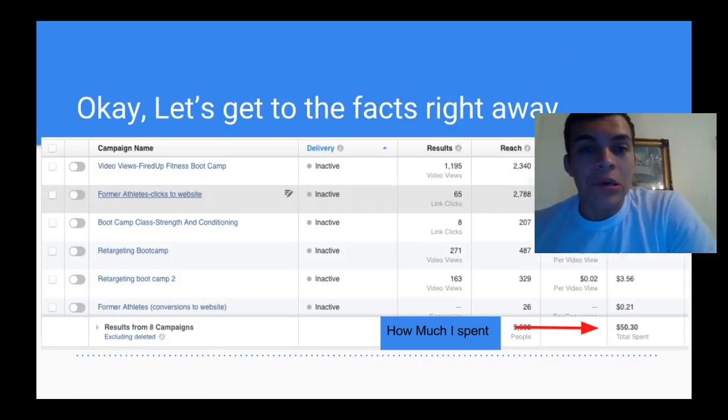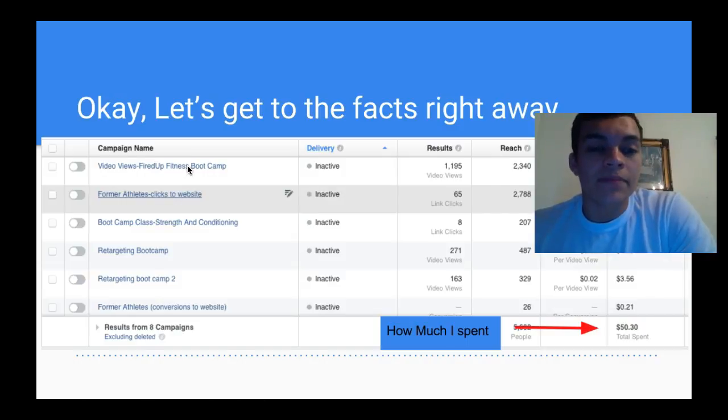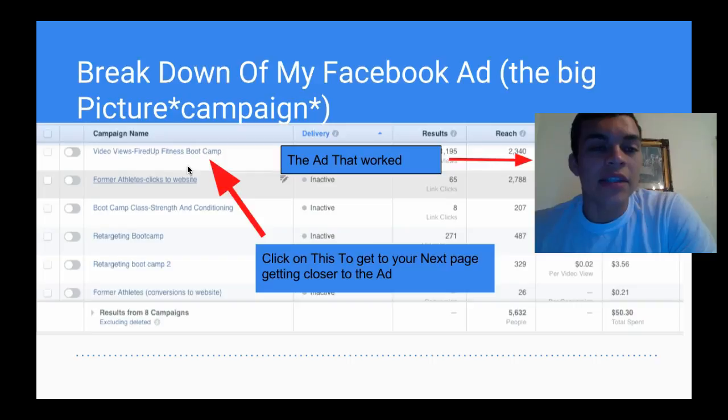Now if you click on this right here, this is the big picture. I just wrote down, when I'm looking at it, I'm like, okay, what are these? And then I'll click on this one right here, because that's the one I ran. When you click on that, it's going to take you to the breakdown of your Facebook ad, the campaign, this part.